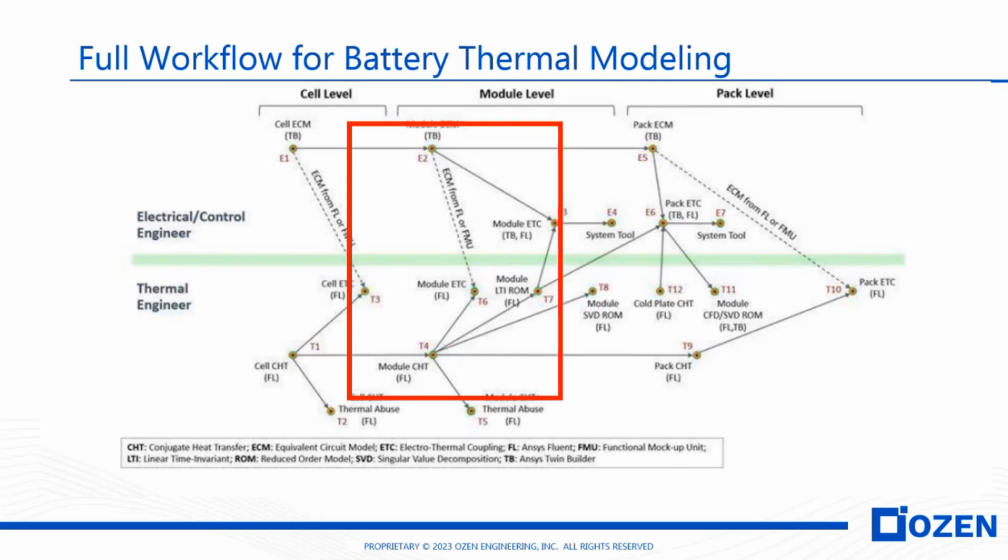Then we're going to build an LTI ROM, which is a reduced order model, so CFD is not required anymore. Hook it up back to our TwinBuilder model, and then this becomes more of a systems tool. Okay.